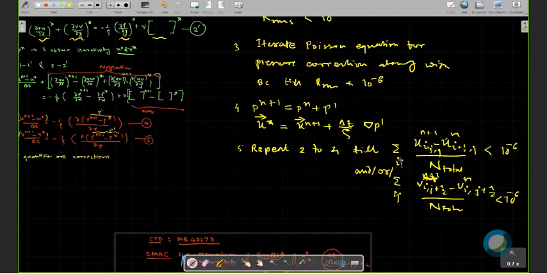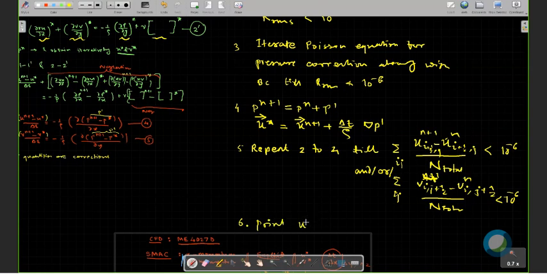If u is dominant, you can check on u; if v is dominant, you can check on v; but you can check both. If it is less than 10 to the power minus 6, you stop. Sixth is print: print all the values, u star and v star.